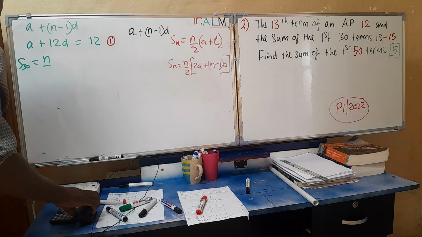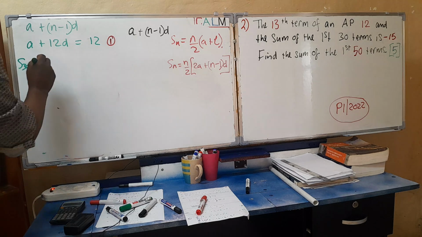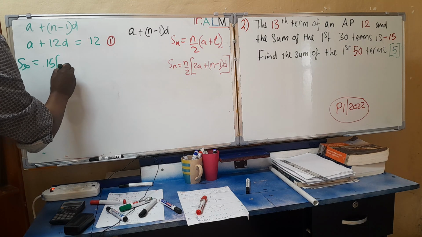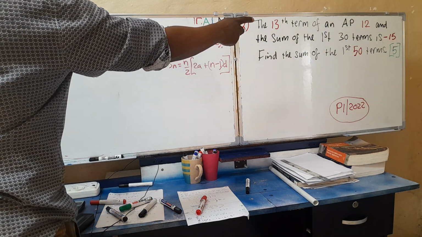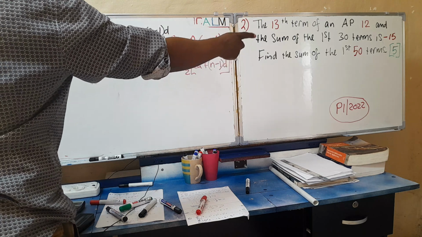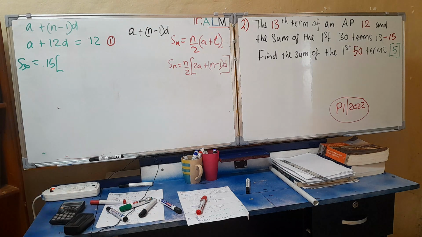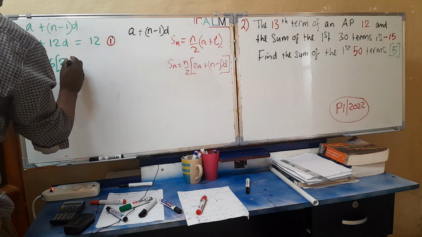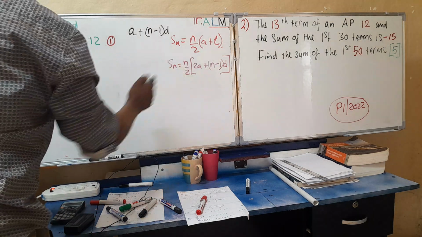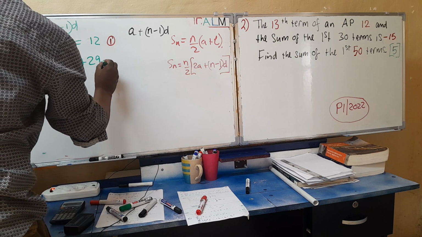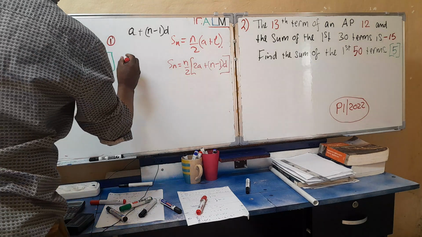Of course, n is equal to 30, so we might as well write 30 there, and 30 over 2 is 15. Let me just make sure you get that. I'm using this formula here. We are told the sum of the first 30 terms is minus 15. So n is 30, so 30 divided by 2 is that 15 there. And this is multiplied by 2a. A we still don't know. Plus n minus 1. Our n is 30. That gives us 29d, which we do not know. Let's call this equation number 2.